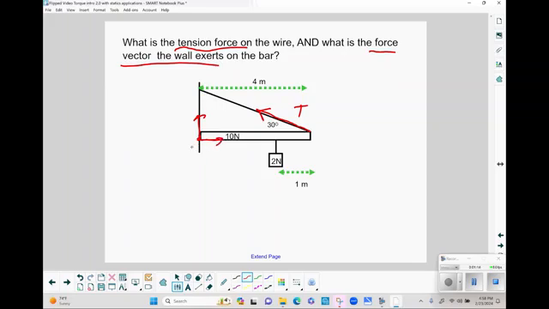This results in some net force vector that the wall is exerting on the bar in this type of direction. So we're looking for the force of the wall as well as the tension force. And these two forces do not need to be equal in any way.